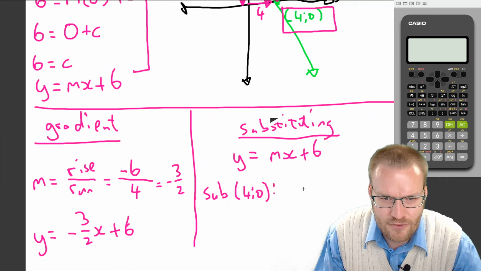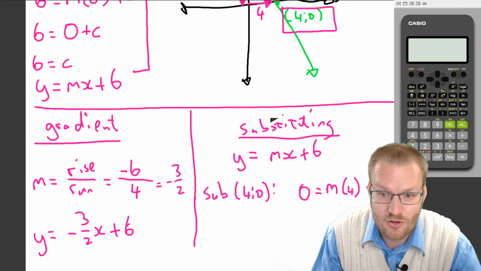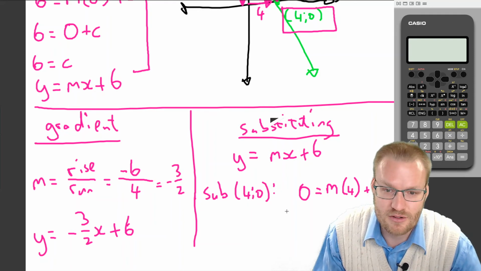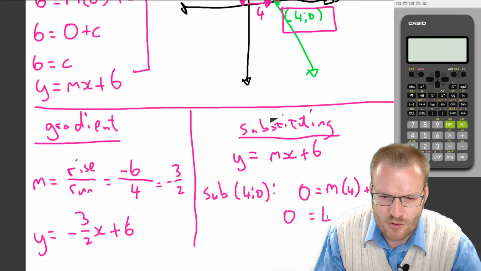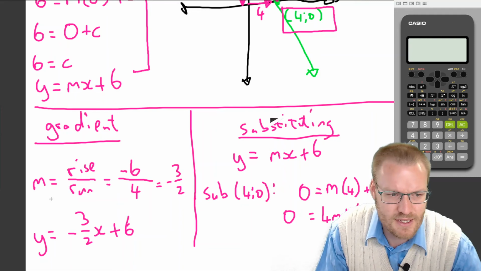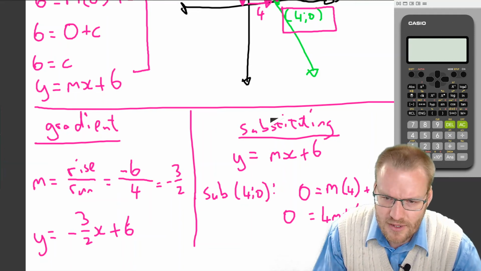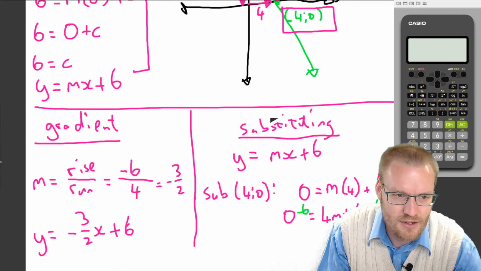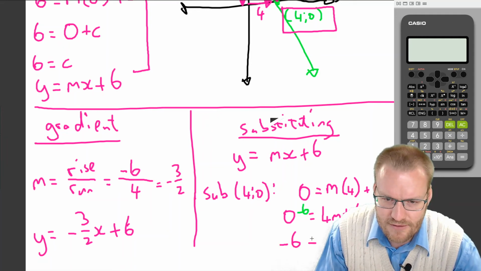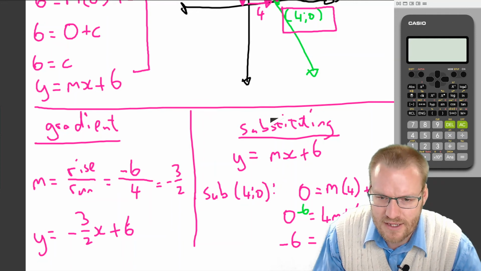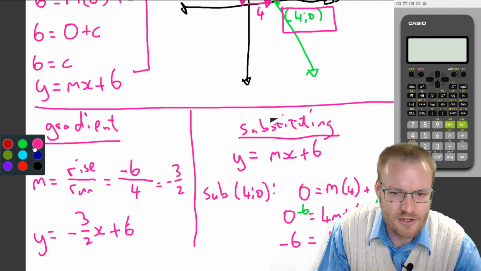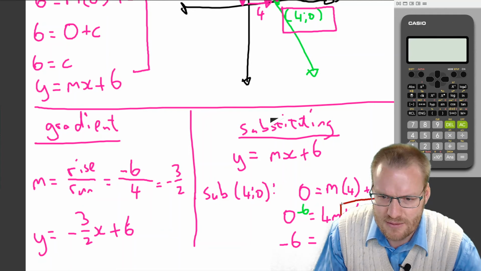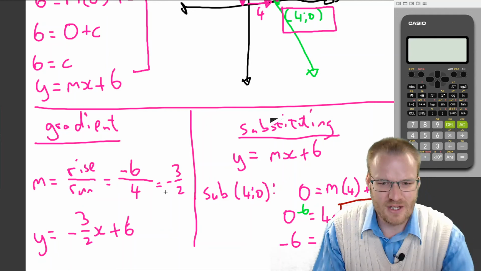So the y value is 0, so we go 0 equals m, which we don't know, but the x value is 4, so we replace x with 4, plus 6. Now we've got an equation. 0 equals m times 4, which we'd normally write as 4m, plus 6. We know how to solve equations. Let's subtract 6 from both sides, so on the left-hand side we've got minus 6, and on the right-hand side we've got 4m, because the plus 6 and minus 6 eliminate each other.